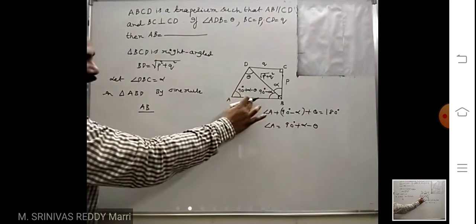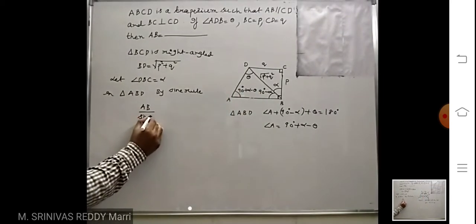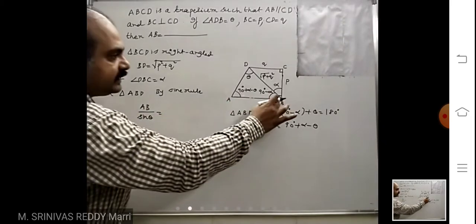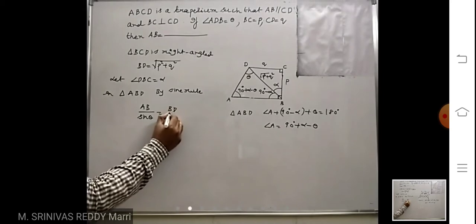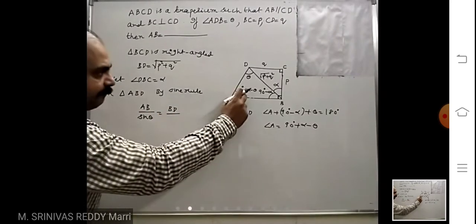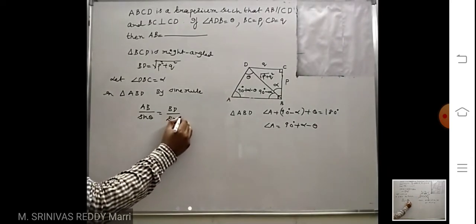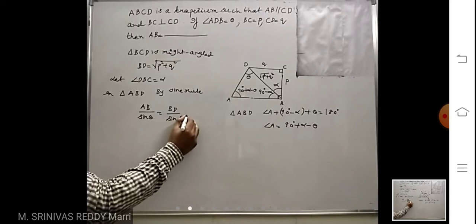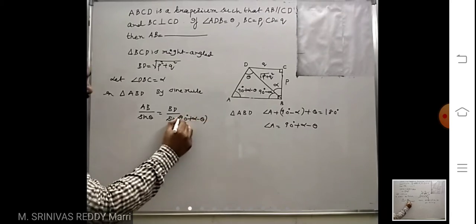AB divided by sine theta, the opposite angle, equals this BD length divided by sine of the opposite angle. The opposite angle is 90 degrees plus alpha minus theta.